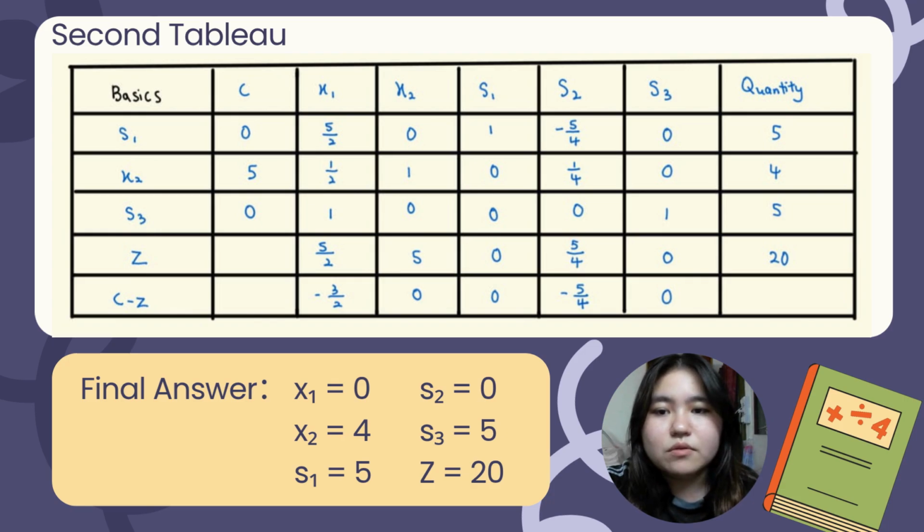For s2, 0 minus 5 over 4 equals negative 5 over 4. Since all C minus Z values are 0 or negative, the optimal solution has been reached. The final answer is x1 equals 0, x2 equals 4, and the maximum profit Z equals 20.